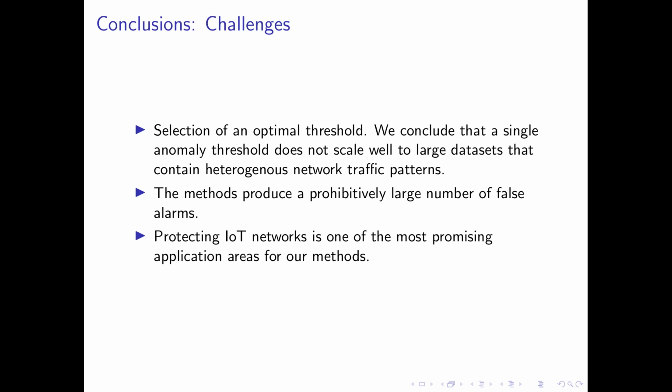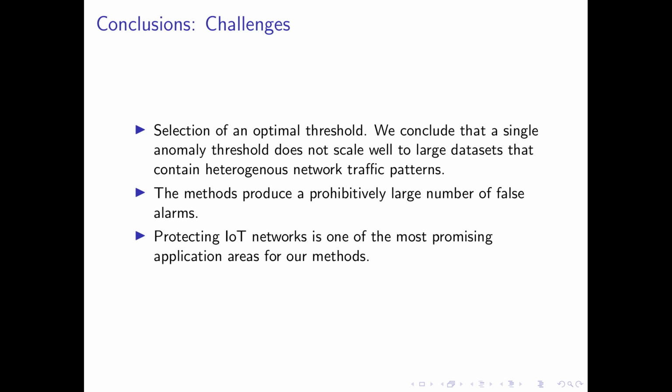And second, based on the results that we obtained, we saw that the methods have a large number of false alarms, false positives. So they cannot be deployed just as is to a real system, and some other techniques should be employed, secondary techniques, maybe some grouping of the devices into more homogeneous groups should be applied before using these anomaly detection techniques.